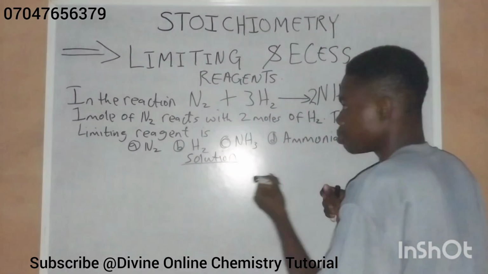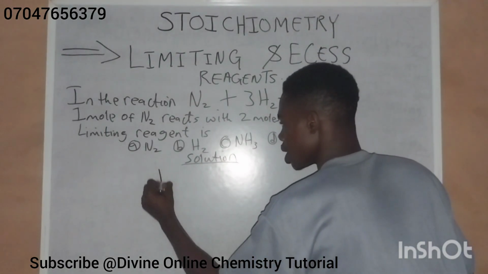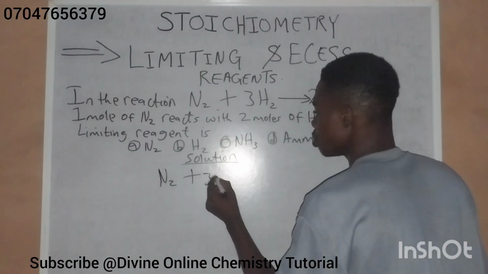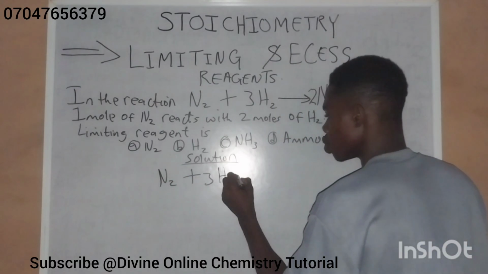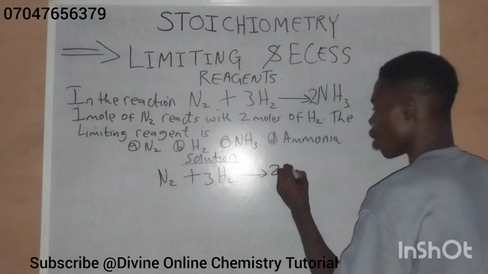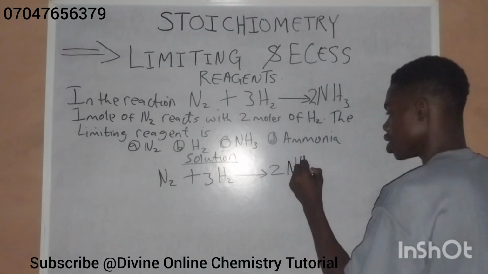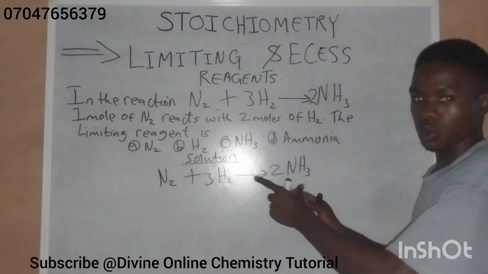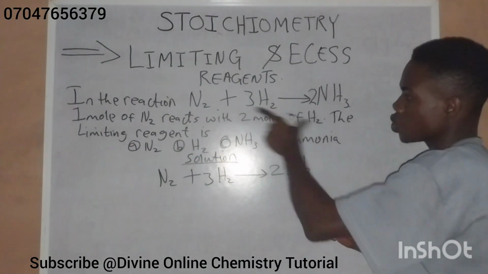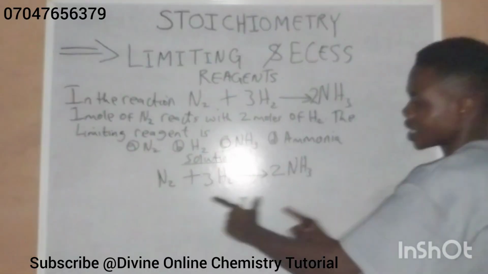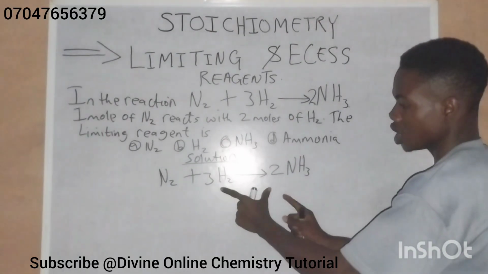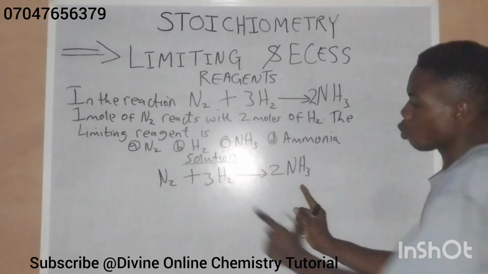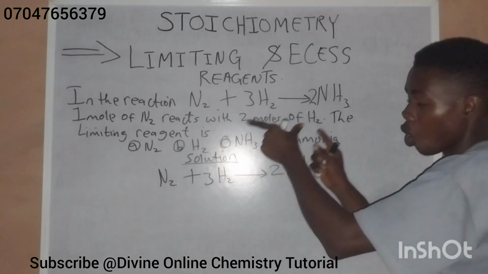I will just break it down here again: N2 plus 3 mole of hydrogen gas gives 2 mole of ammonia, NH3. But in some cases, they will not balance the equation for us. They only give us the values, then you balance the equation. But in this one, they already balanced the equation for us. So the first step, balancing the chemical equation, is already done for us in the question.